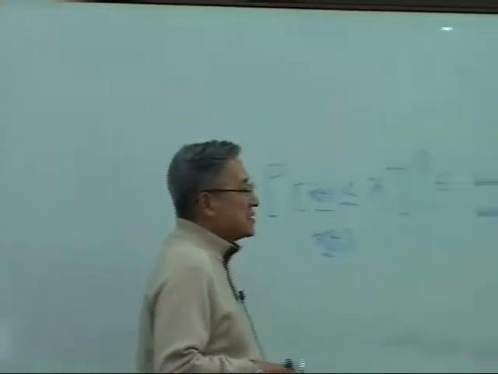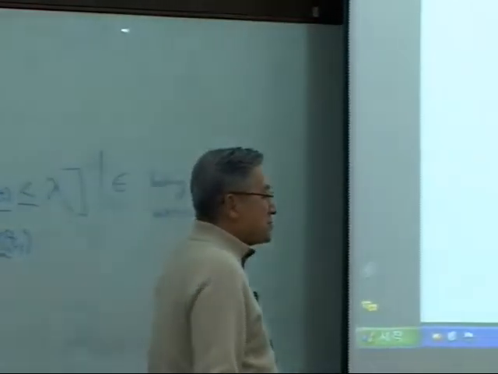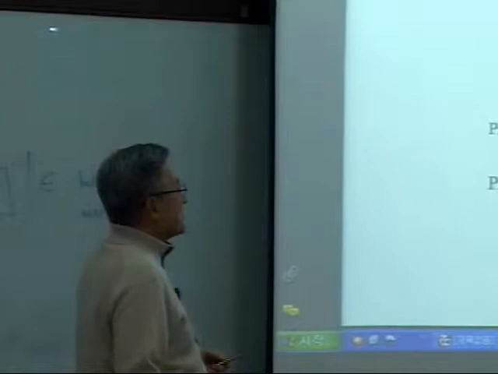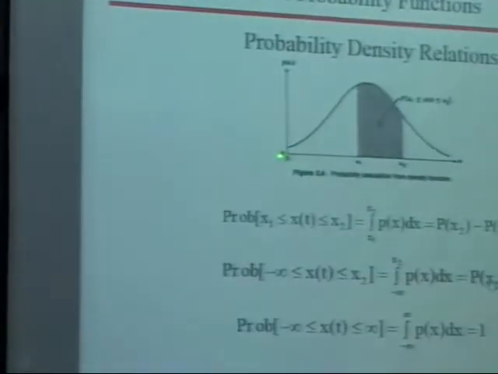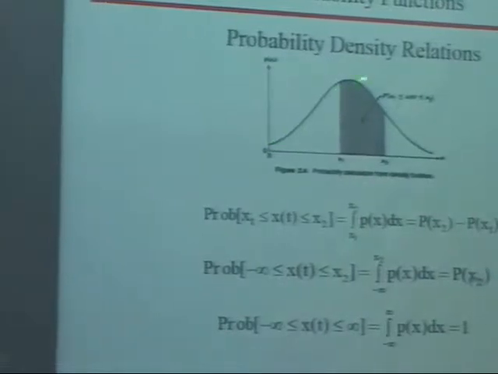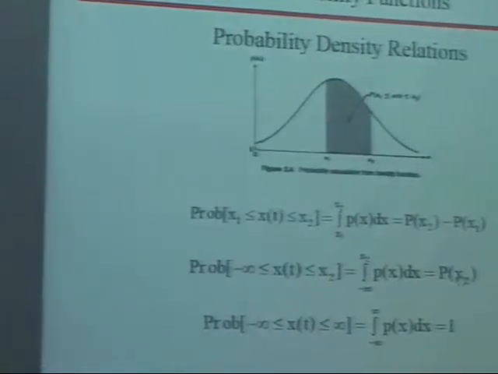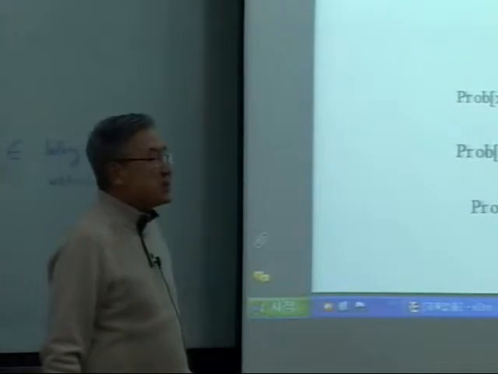Now this is a property of the probability function, but what's the whole area under it? Just the common sense, engineering sense. What's the area of a whole probability density function?